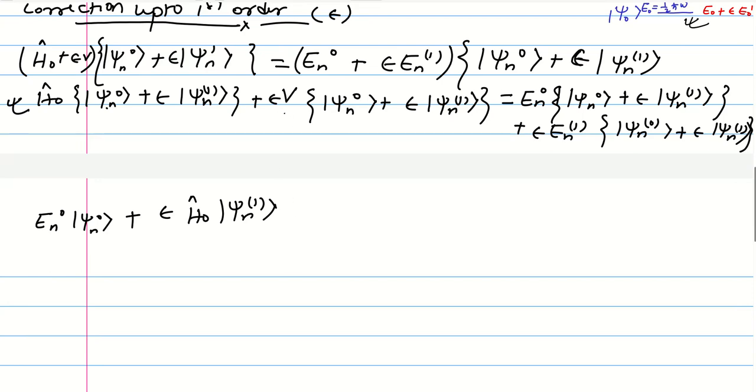And now again this term you consider. See, epsilon with epsilon will become epsilon square, so we will ignore it because we are considering correction up to epsilon only.